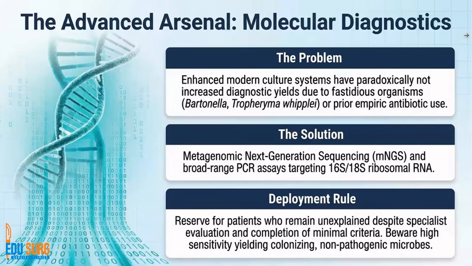We have some new molecular diagnostics now in PUO, but these are not routinely advised and these are not routinely available. So reserve them for patients who remain unexplained and still have fever after completion of all the tests that we have discussed so far. Beware of colonizing non-pathogenic microbes.